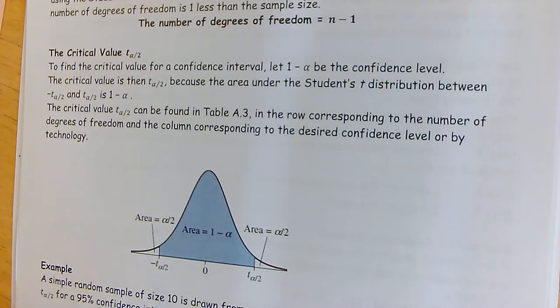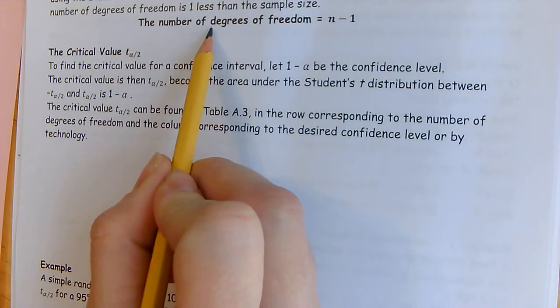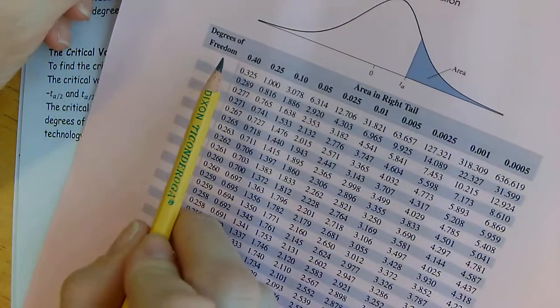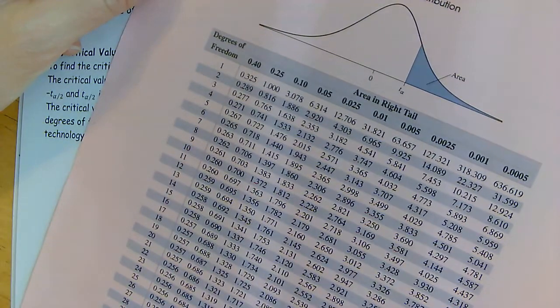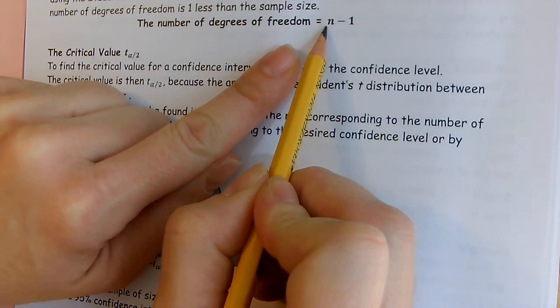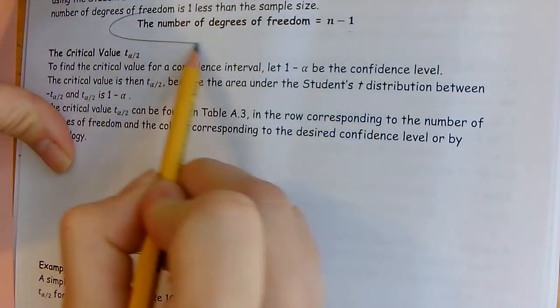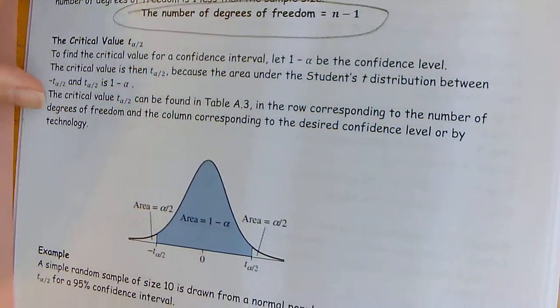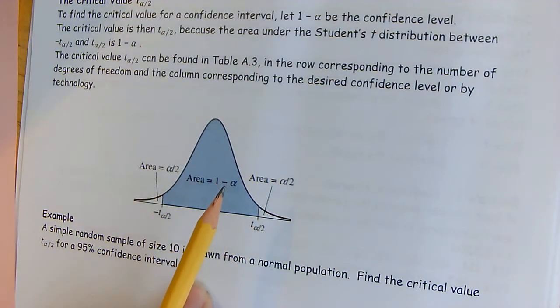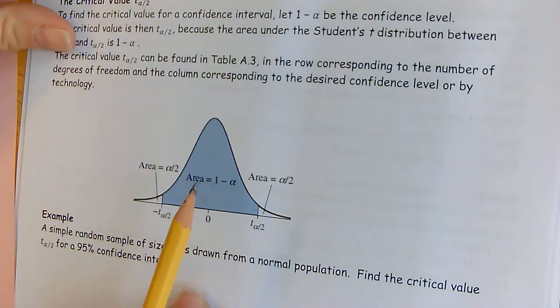A t distribution is read with the degrees of freedom. The degrees of freedom are on the left side here. It's how we get the critical t value, and that is equal to the sample size minus 1. When you're thinking about a confidence interval, it's going to be the same, although how we get it from table A3 is going to be slightly different.